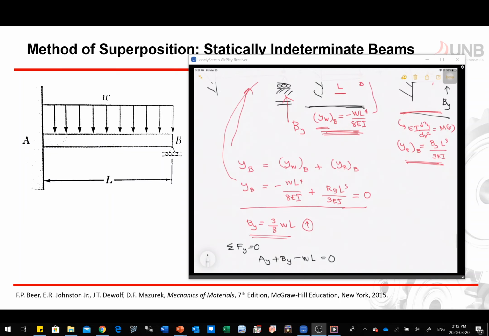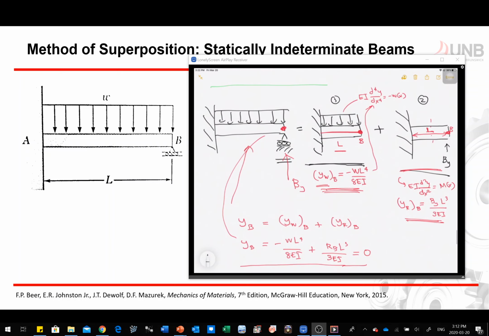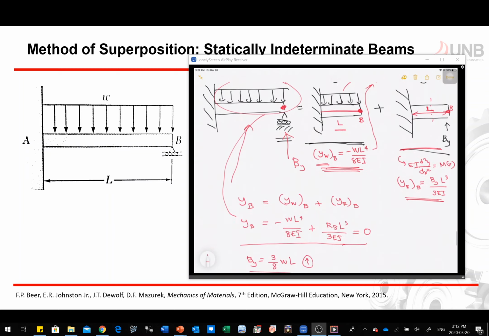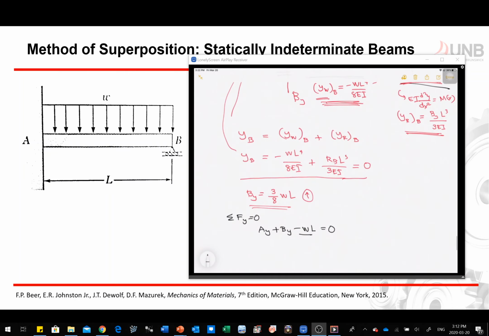So where did I get my WL? That's the distributed load right here. So that's your WL. Once I do the summation of forces along my Y direction, eventually I will get AY equal to 5/8 WL, and that's going up.